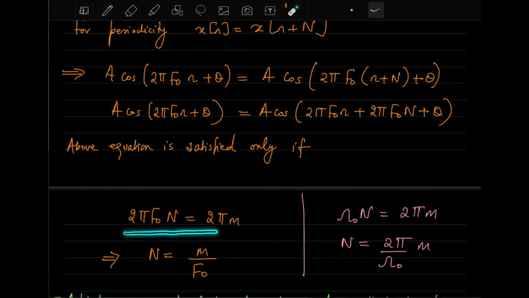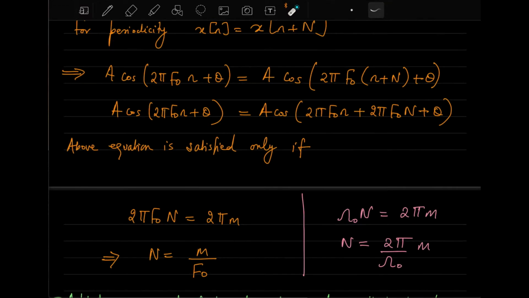In terms of 2 pi f0 N, this will be equal to 2 pi m, and from here you can get the value of N as m by f0. So simple, there is nothing fancy about it. It's a simple equation that you have to keep in mind.